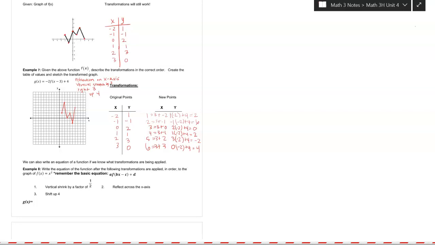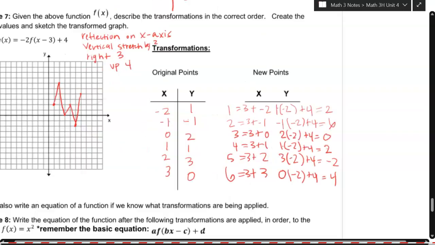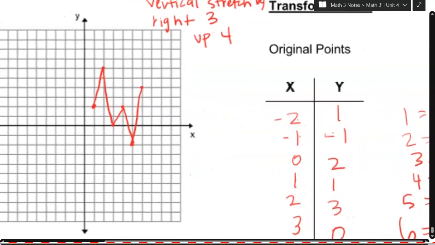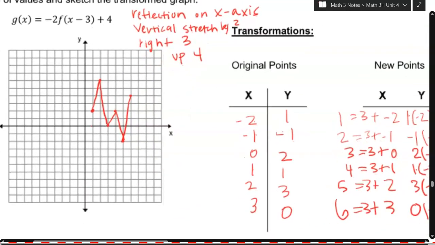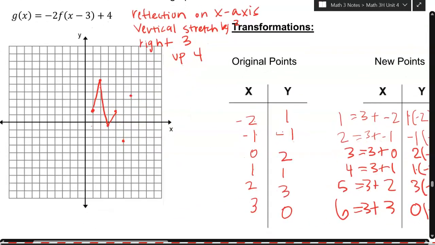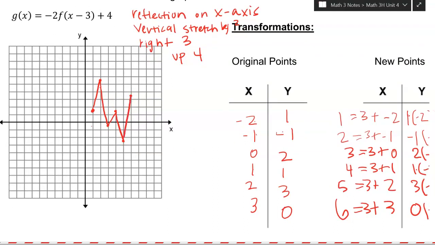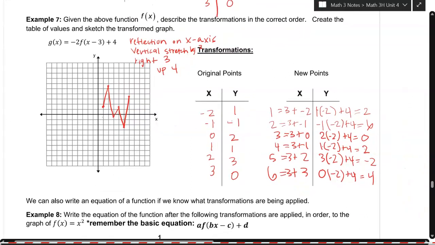Also, this graph is scaled differently than that graph, so it does not look proportionate to the other graph. But as long as you did your transformations correct, your graph should be good. So we're making it look a little bit nicer there.